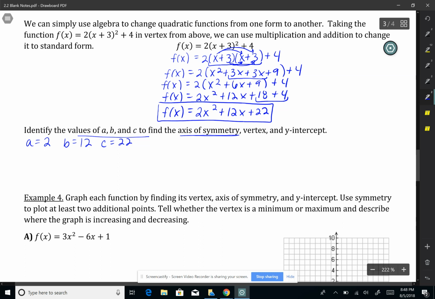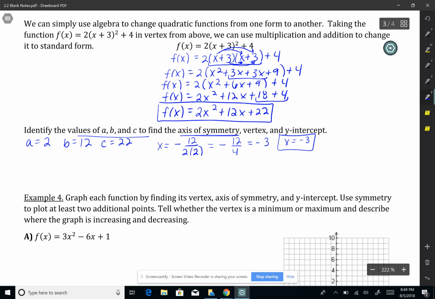So the axis of symmetry is x equals negative b, so negative 12 over 2 times a, 2 times 2. And we just do this math. This would be negative 12 over 4. 12 divided by 4 is 3, so we get negative 3. So we know our axis of symmetry is x equals negative 3. And you always need to write x equals because it is a vertical line.